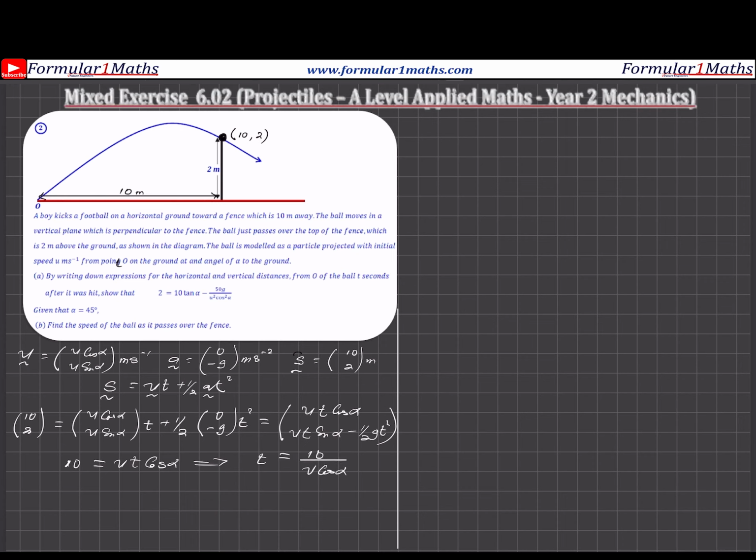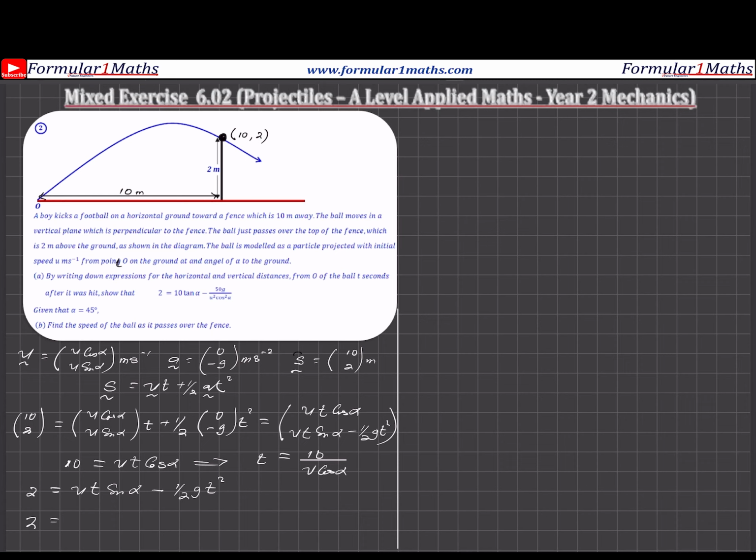For the y component, we have 2 is equals to ut sine alpha minus half g t squared. Now I'm going to substitute the value of t here into this equation here. And if I do that, I'm going to get 2 on the left-hand side.